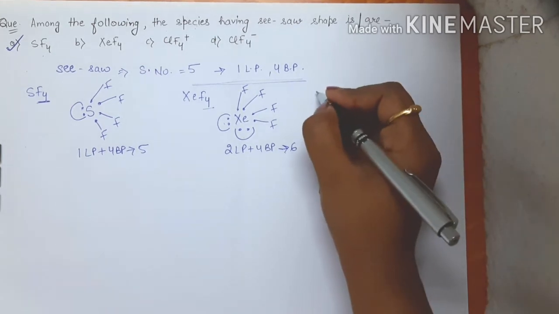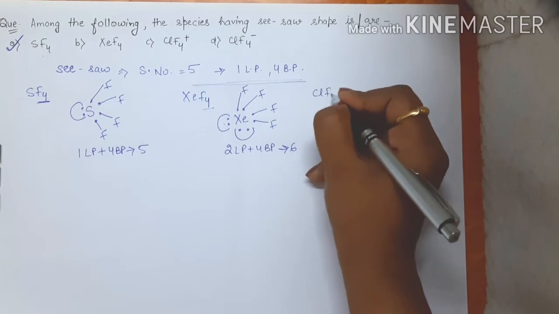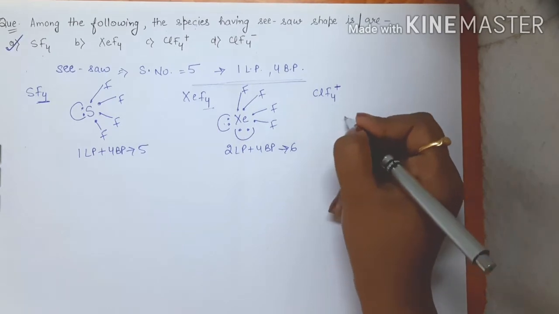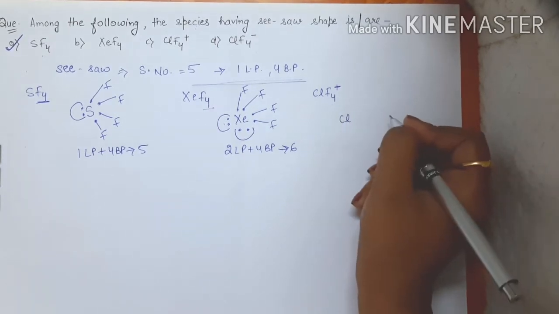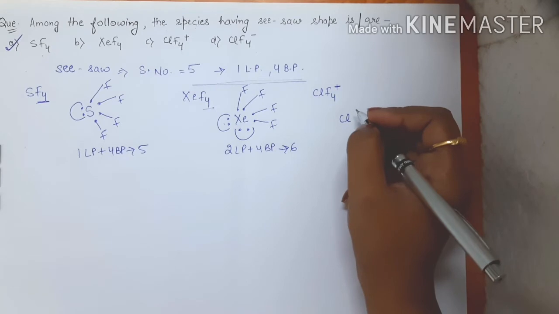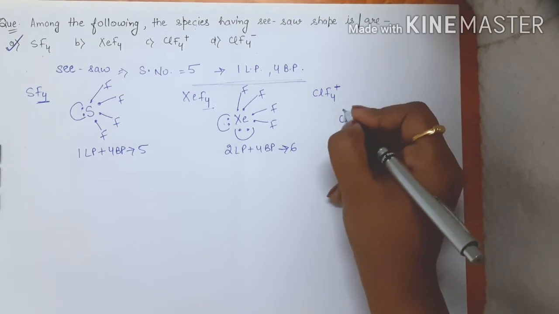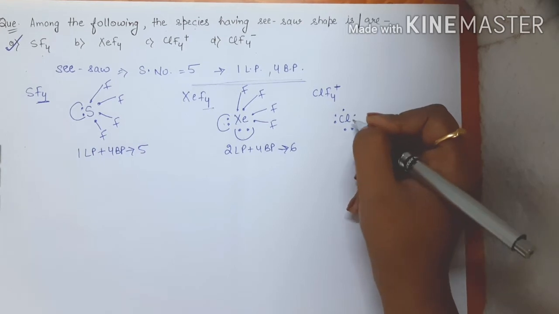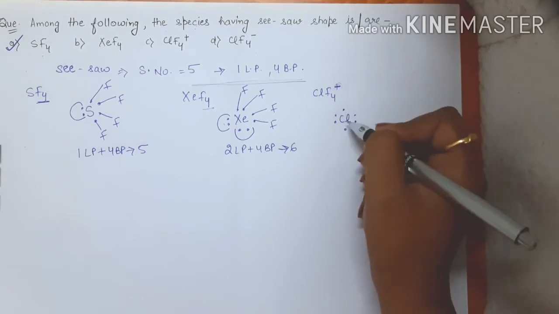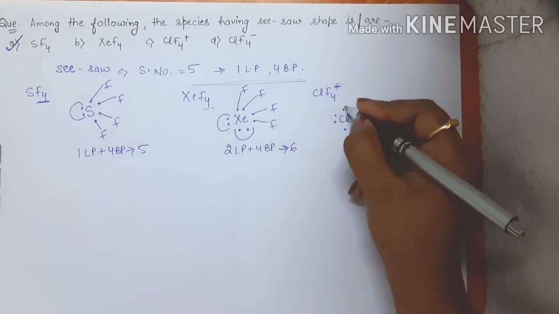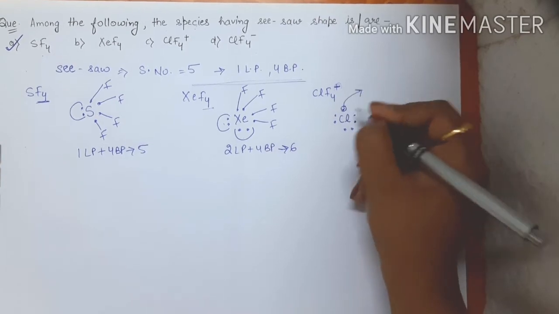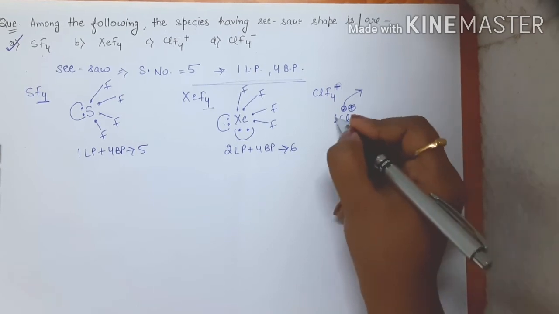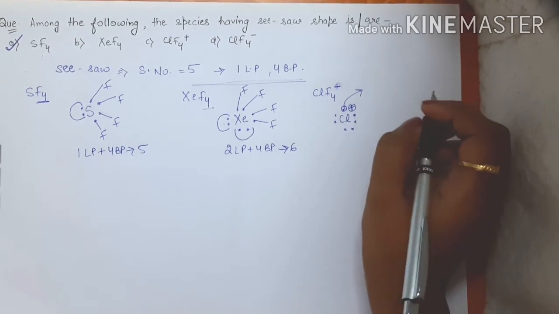Moving on to the next molecule, which is ClF4 positive. Now here Cl will be the central atom. Now chlorine belongs to halogen family, so it will be having 7 electrons in the valence shell. So now if I want to take this positive charge onto this central atom, I have to remove one of the electrons, so it will be having then the positive charge. So now it is having 6 electrons along with a positive charge.